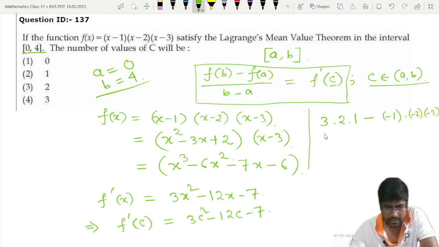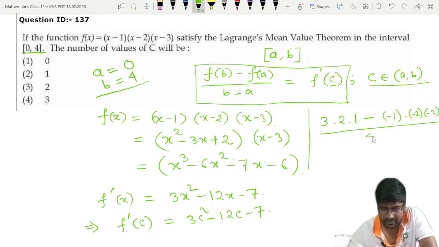Okay, f b minus f a divided by b minus a. b means 4 and a means 0. So this is equal to 3 into 2, 6, and minus minus plus, minus minus, again minus minus plus 6, divided by 4. So that is equal to 3. Okay, 6 plus 6 is 12, 12 divided by 4, that is equal to 3.